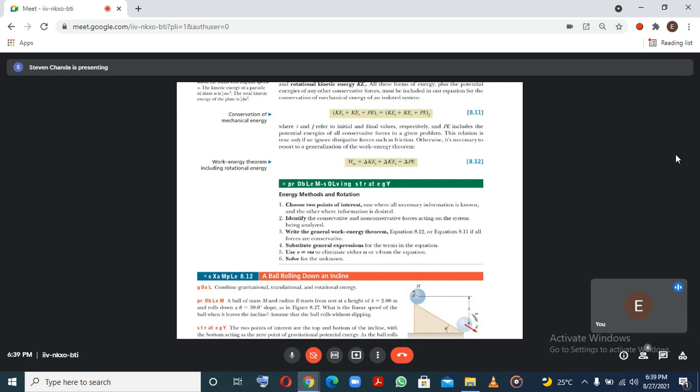A ball of mass M and radius r starts from rest at a height of 2 meters and rolls down an incline of angle 30 degrees, as in figure 8.27. What's the linear speed of the ball when it leaves the incline?